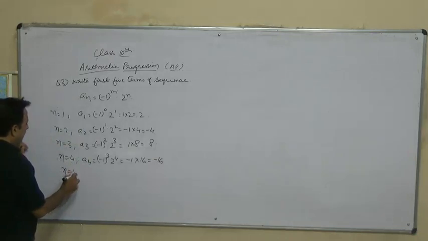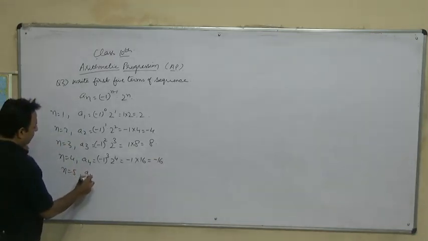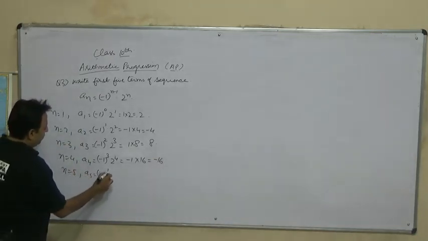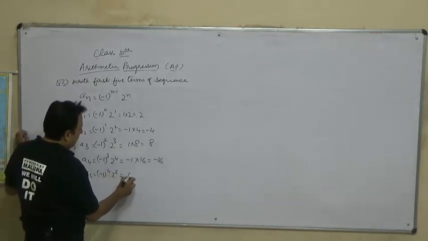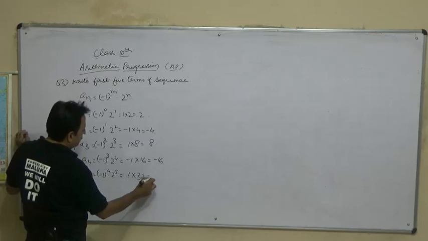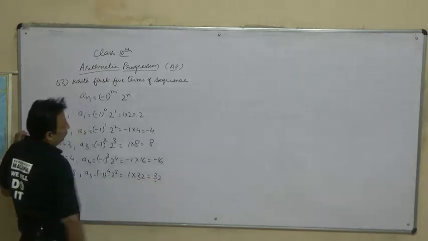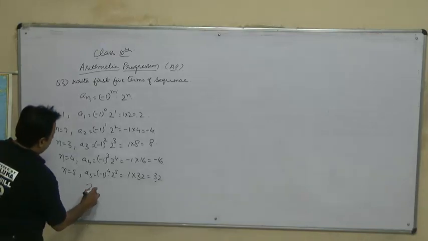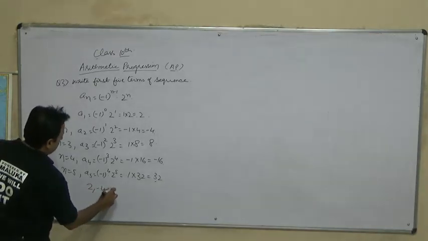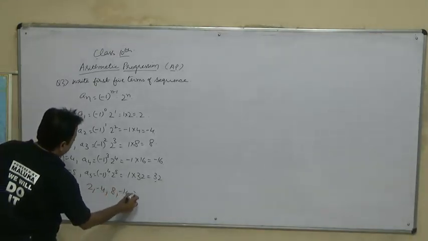N is equal to 5, a5: minus 1 raised to power 4, 2 raised to power 5, which is 1 into 32, which is 32. So these are the various terms. We can write it as 2, minus 4, 8, minus 16, 32.